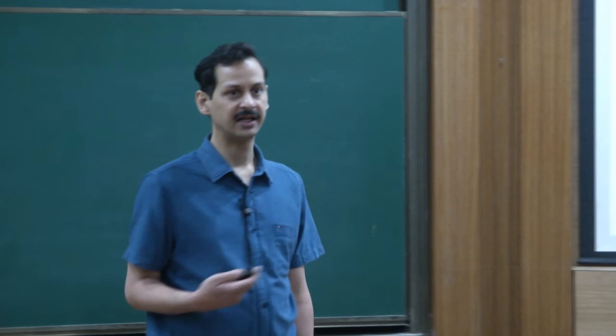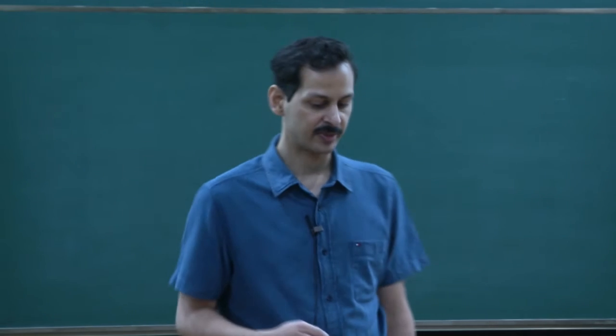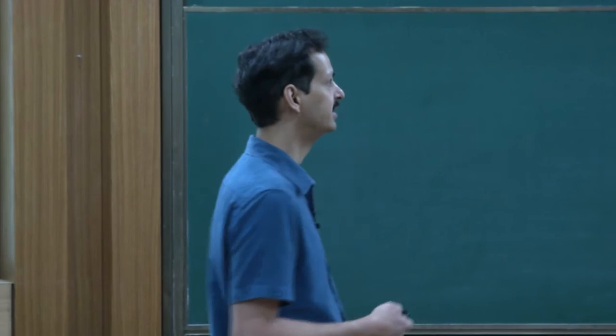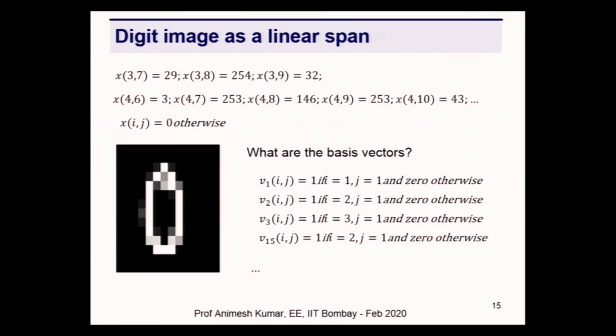So the question is, can I represent this as a linear span? And the answer is yes. So what are the basis vectors, or the vectors that we are looking at when we talk about linear combination? Imagine these kinds of vectors. V1, the first vector, is a vector operating on 2 dimensions.